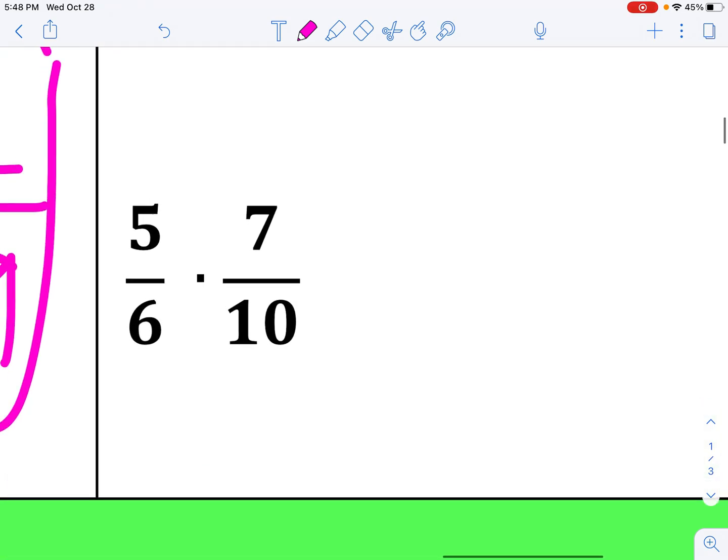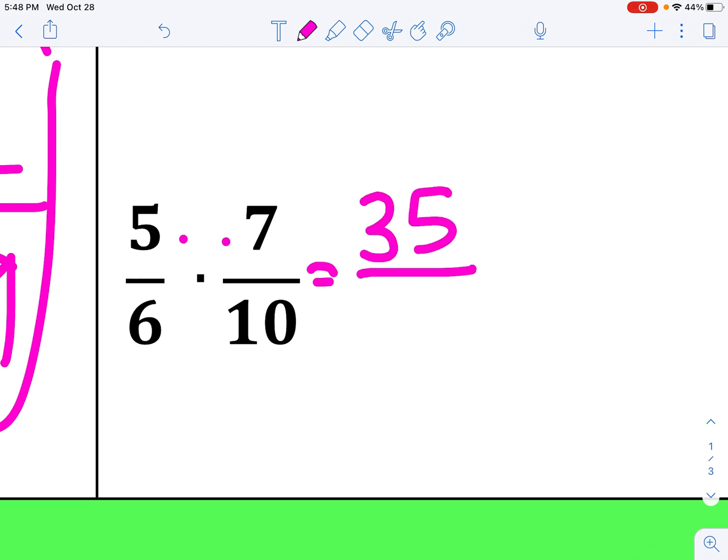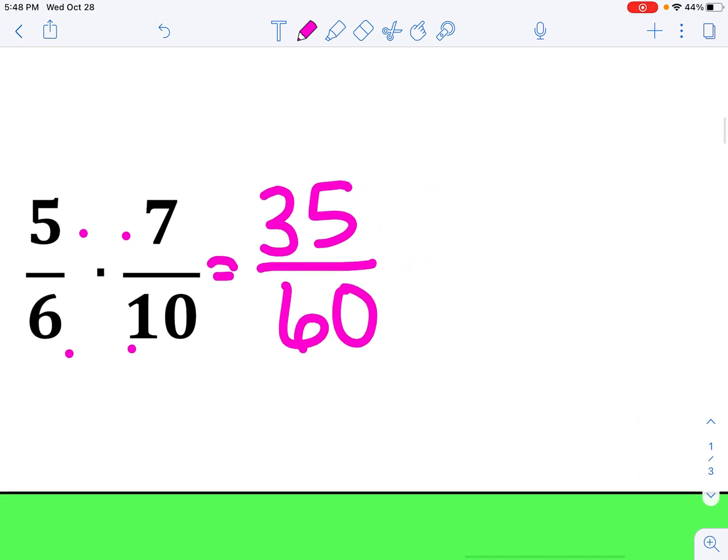Alright, but now let's look at when we don't simplify. So we're just going to simplify after. So we're just going to multiply straight across. 5 times 7 is 35. 6 times 10 is 60. What number can I divide both of these numbers in our fraction by?